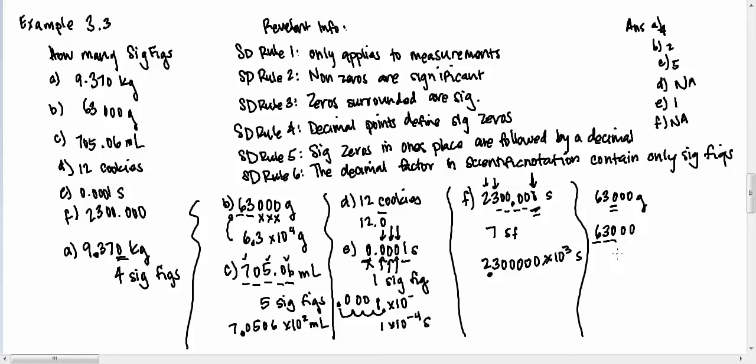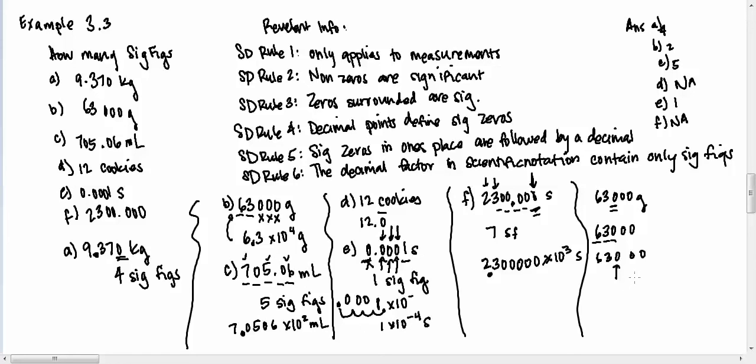And there's no way that I could possibly do this, because if I wrote down 63,000, and I knew that this was significant, and you knew that that was significant, there's no way that anyone else would know unless I told them.